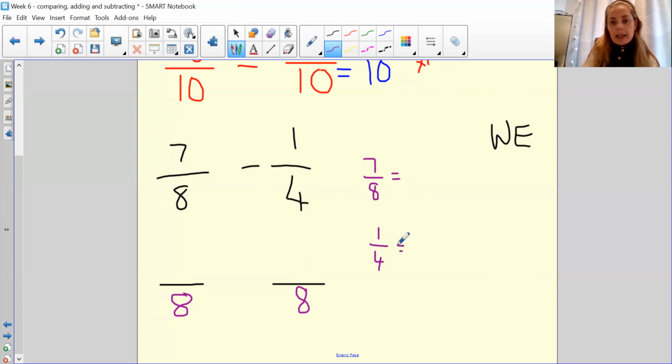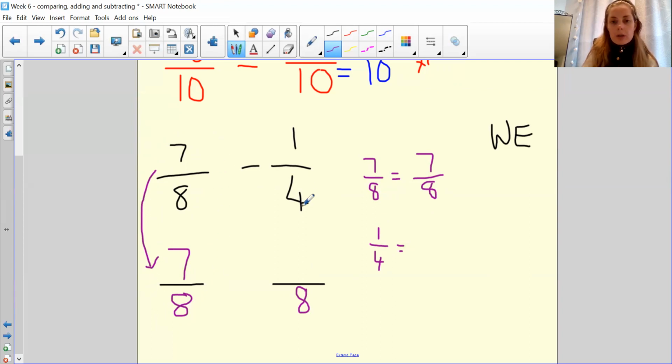And you are going to make equivalent fractions. So what did I do to 8 to get 8? I did nothing. So what am I going to do to 7? I'm going to do nothing to it either. Okay, so this is the equivalent fraction I'm making.